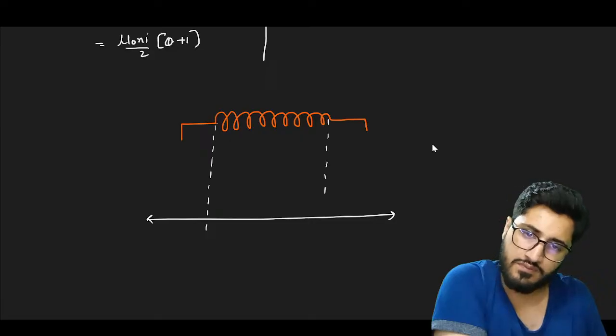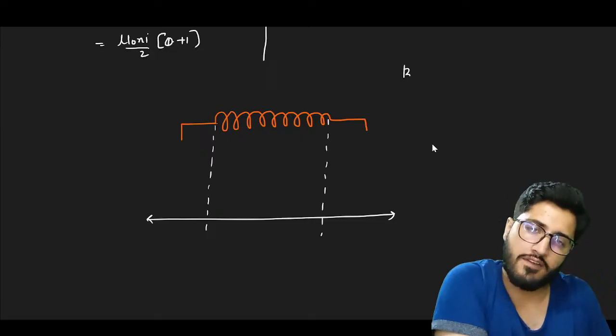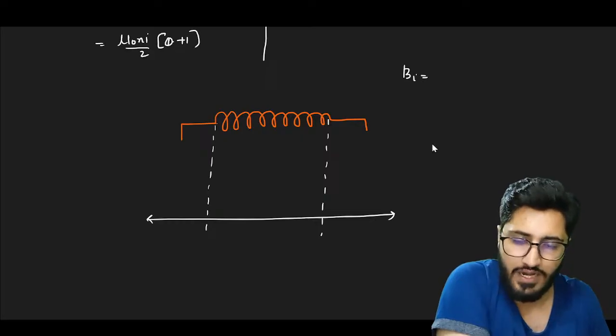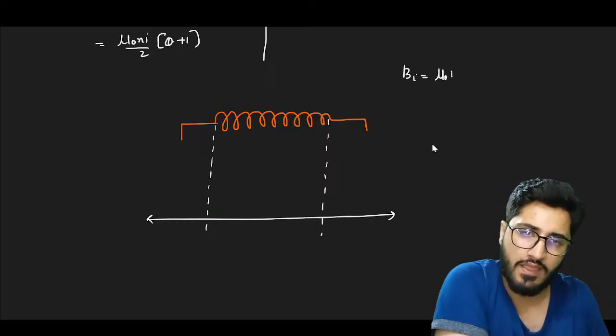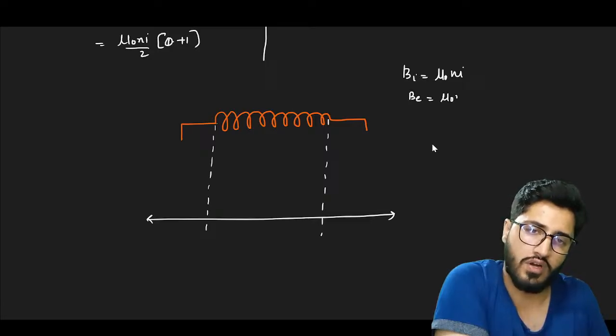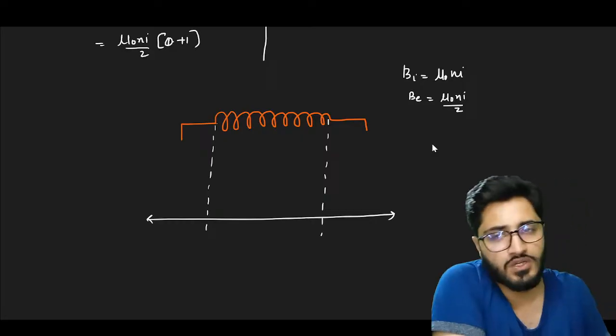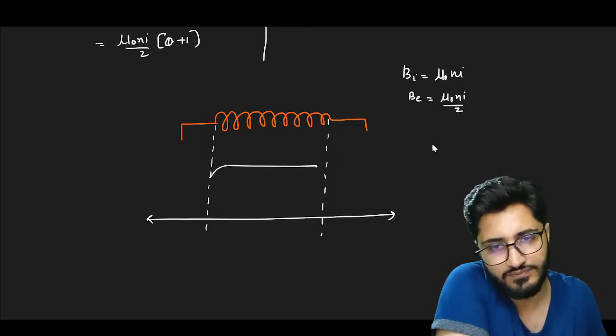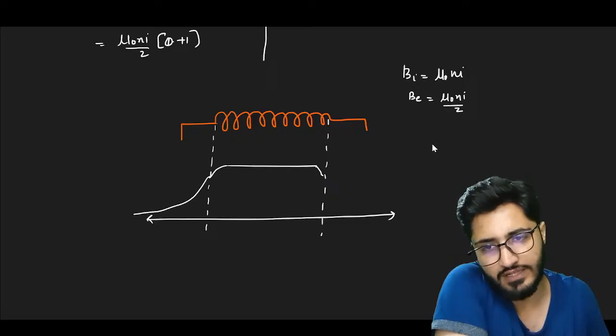Magnetic field inside, one second, I will write here it is nu naught Ni. At the end it is nu naught Ni by 2. Inside it would be somehow constant, like this. At the end it decreases like this. Then outside it decreases like this.